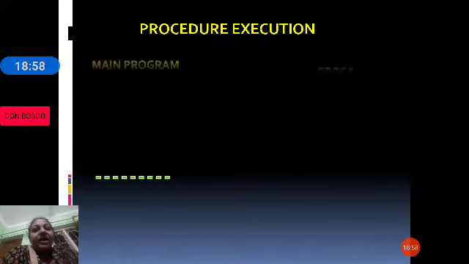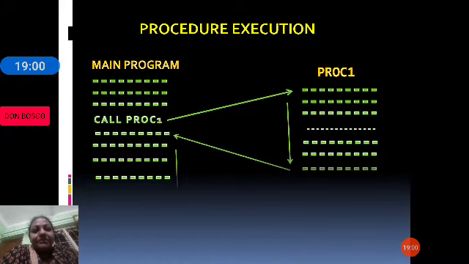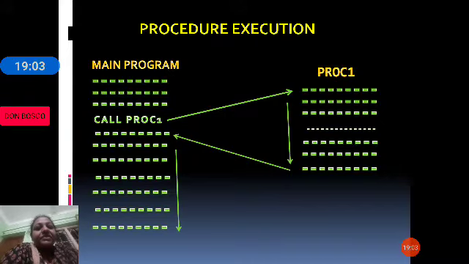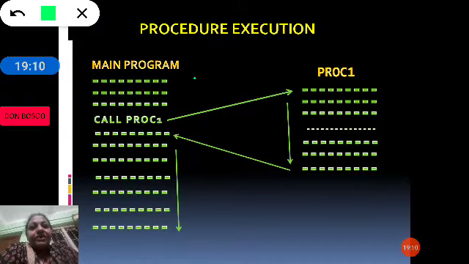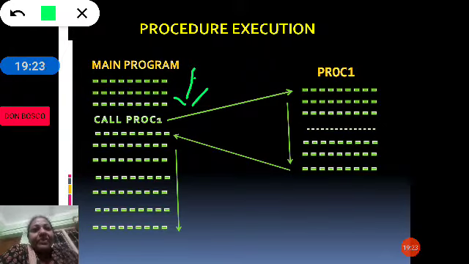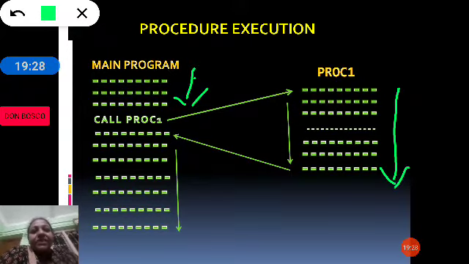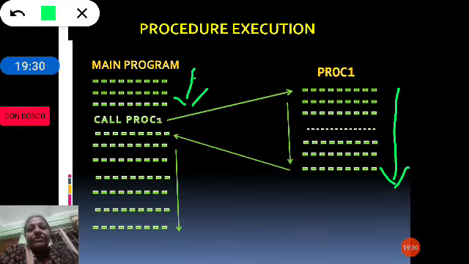Let us see how the procedure execution takes place. As you can see here, the execution always starts from main. There is a call, and from here the statements are executed. There is a call made, as you can see, call procedure 1. As soon as the call is made, the control goes to the procedure and it starts executing the statements which are in the procedure. After that, it again comes back to main and the main program continues.